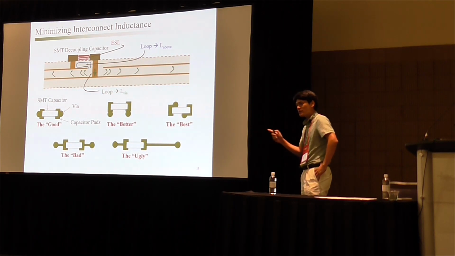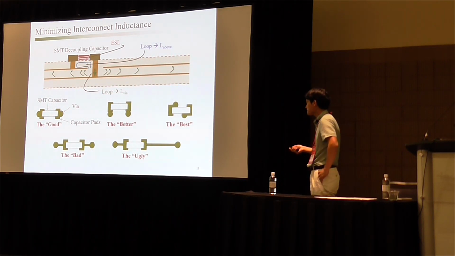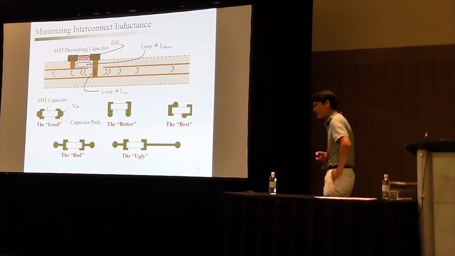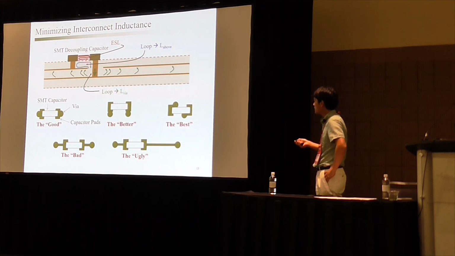Why is this better than the first one? Mutual inductance is higher. Right. In other words, we decrease the area. Right, exactly. We reduce the L of this portion, the L above.